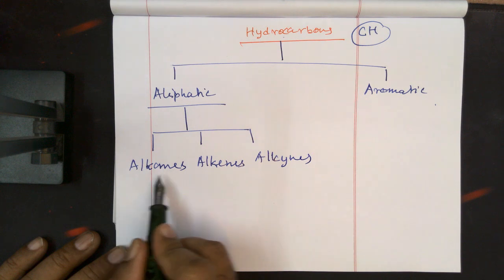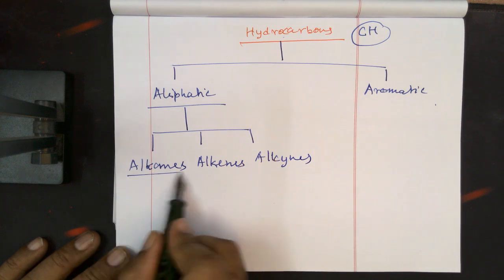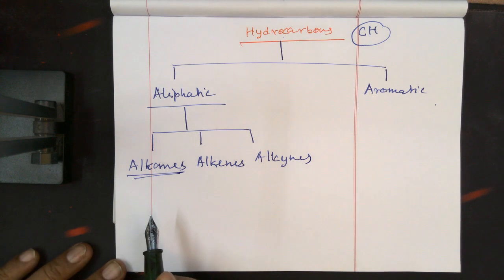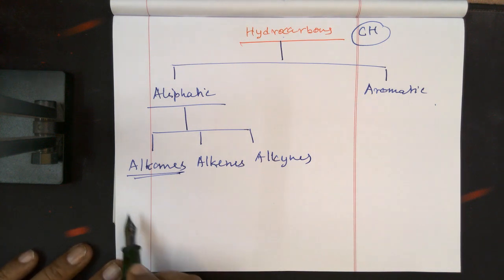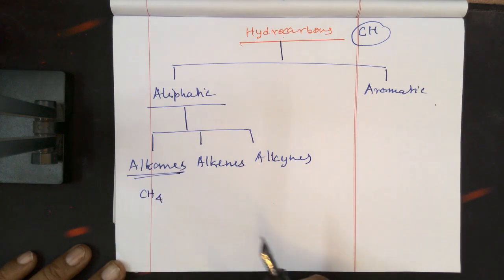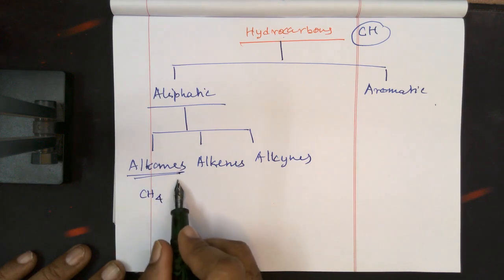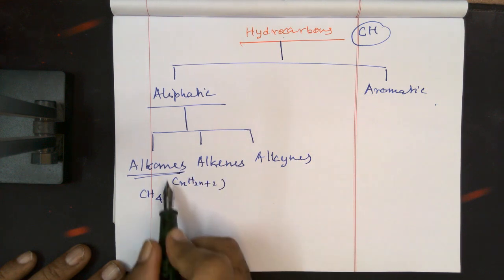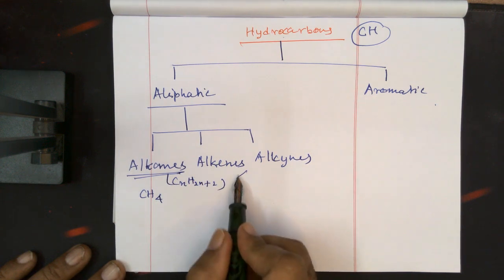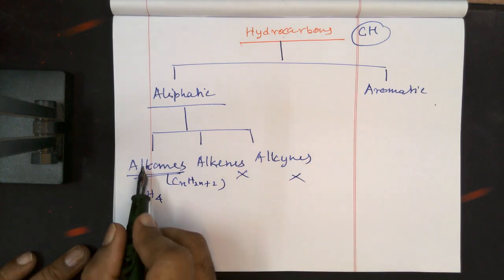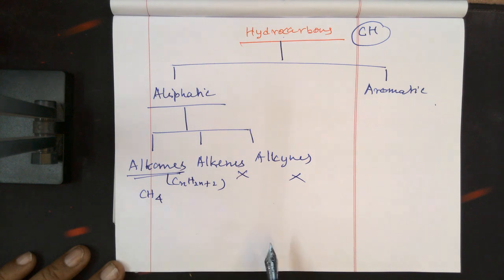So these alkanes, we are going to use as solvents, and some of them are gases also. For example, we start with CH4. Its general formula is CnH2n+2. I am not going to discuss the alkenes and the alkynes, so let me focus only on alkanes.